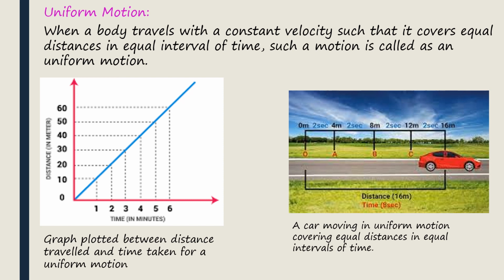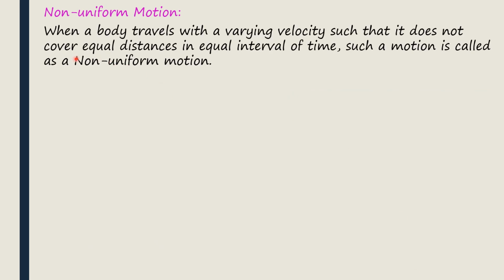Now let us see what non-uniform motion means. Non-uniform motion means whenever a body travels with a varying velocity. Now you have to understand the words well. In uniform motion it was constant velocity, whereas in non-uniform motion it is varying velocity, meaning the velocity and speed are changing, such that it does not cover equal distances in equal intervals of time.